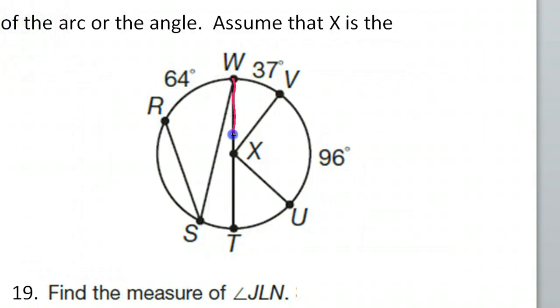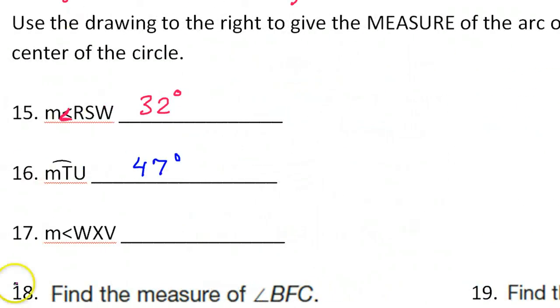WXV goes from W to X to V. Well, this is a central angle. Notice the vertex is at the center. The central angle should be the same as the arc that is intercepted. So since arc WV is 37 degrees, then angle WXV is also 37 degrees.